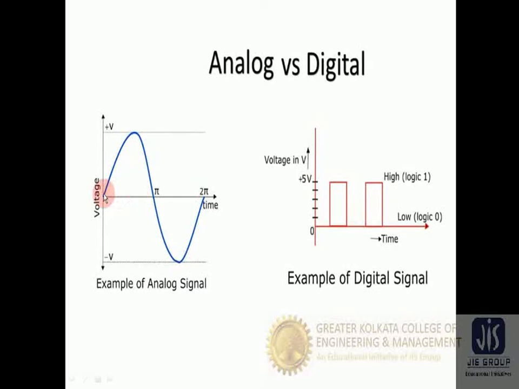First, we have seen that the analog signal is continuous in nature. That means we can see it moves continuously from zero or the initial value to its peak value at each and every step, or if we cut it in a different way, at each and every point we can get a value of this signal. So that is why it is analog, continuous in nature in the amplitude domain.